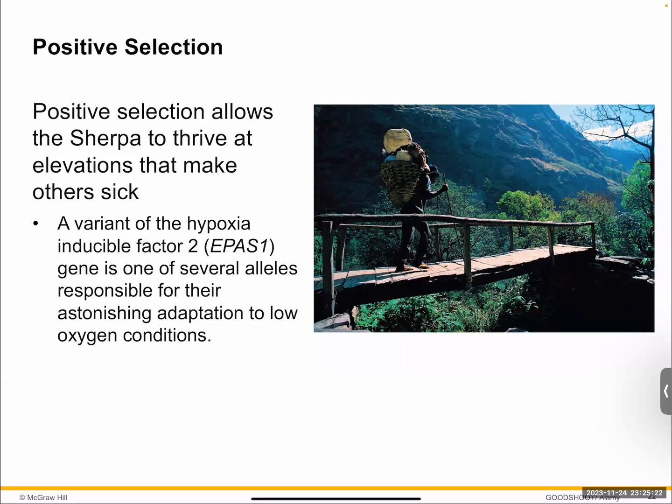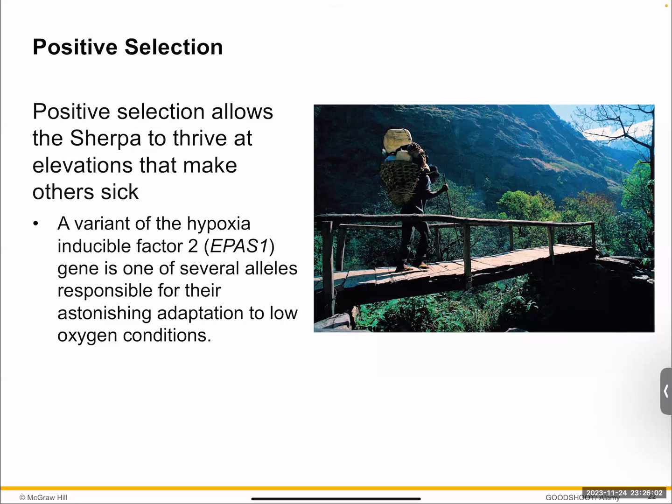Another example of positive selection is related to the Sherpas that live in the Himalayas. They're the ones that basically help individuals who want to climb Mount Everest. They have a very specific gene called EPAS1 that is selected for. So again, it's a positive selection that allows them to be highly adaptable to an environment with very low levels of oxygen.